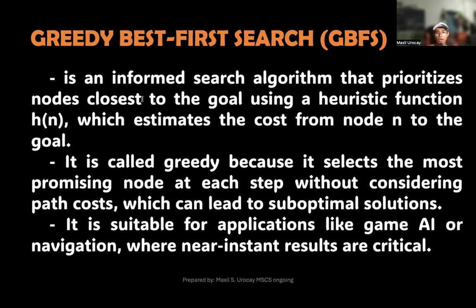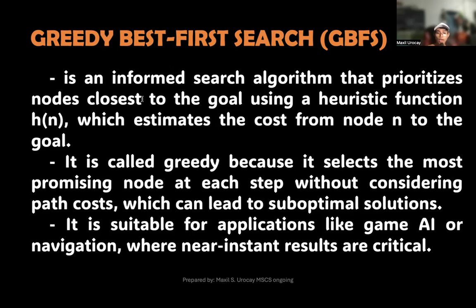In greedy best first search, it does not consider the cost to reach a node, which is g(n), which A-star needs to apply. What is different here is that it uses only the function h(n), the estimated cost from the node to the goal.